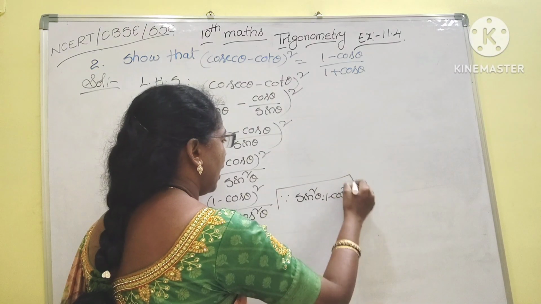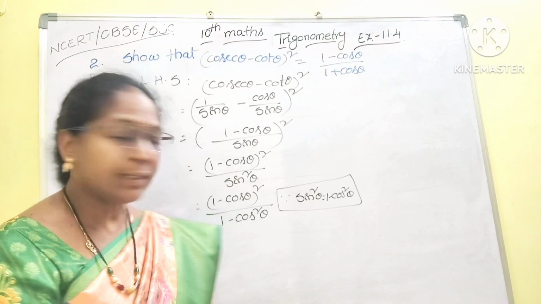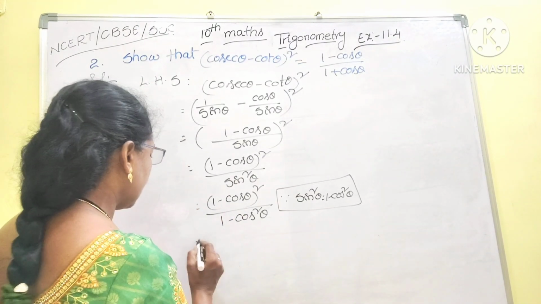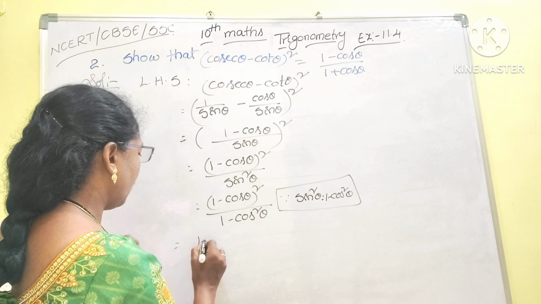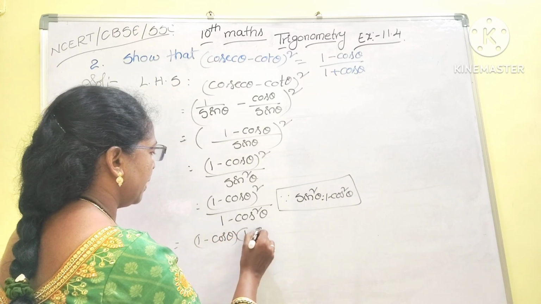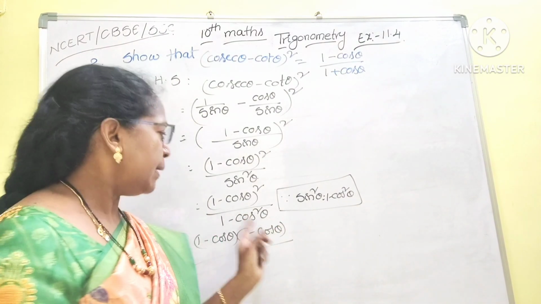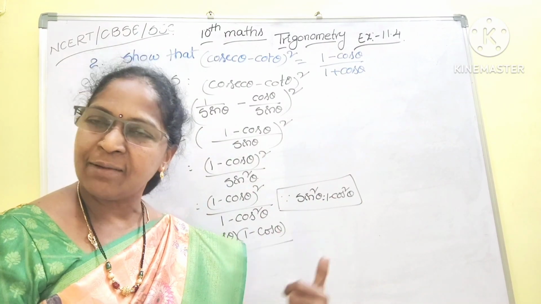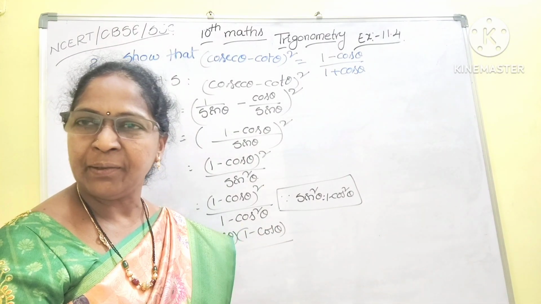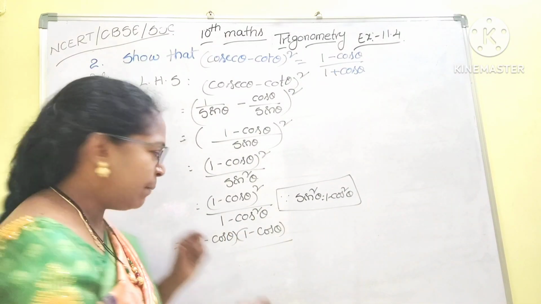Now here 1 minus cos theta whole square, that is nothing but 1 minus cos theta into 1 minus cos theta, divided by 1 minus cos square theta. This is in the form of a square minus b square, that means a plus b into a minus b.